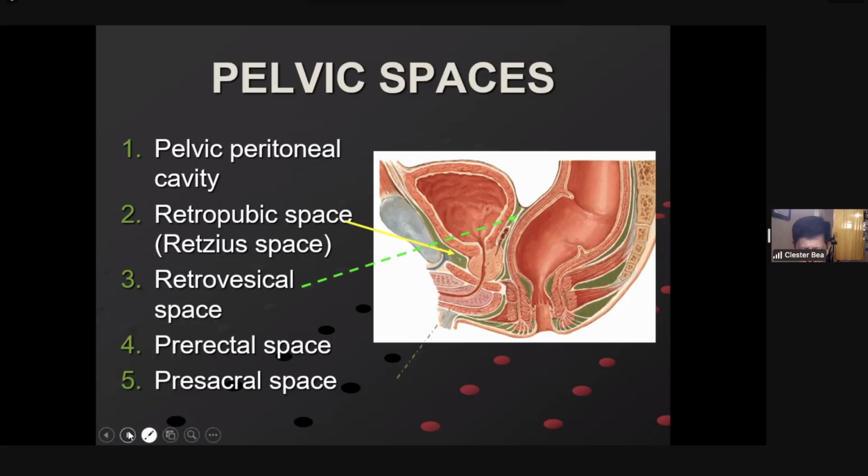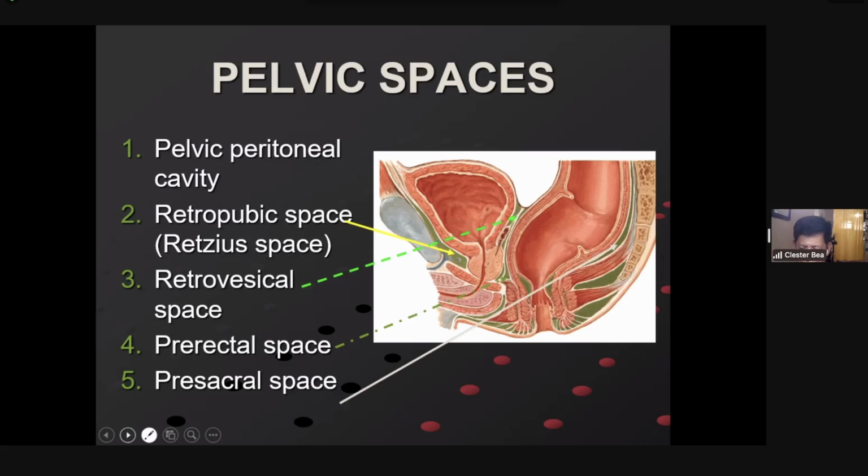You have your prerectal space, again behind the urinary bladder in front of the rectum, but it is located below the retrovesical space. The retrovesical space is up here. The prerectal space is down here, behind the location of the prostate.